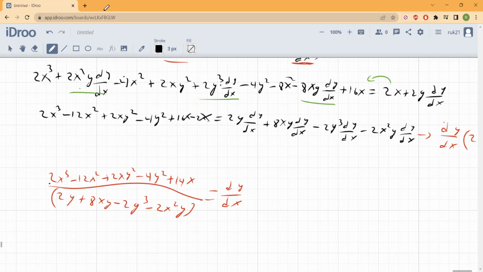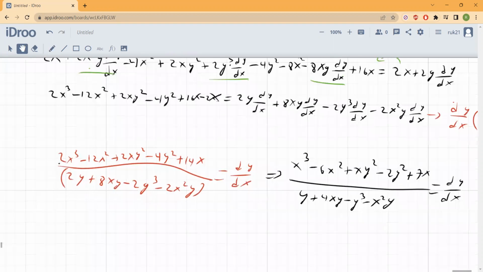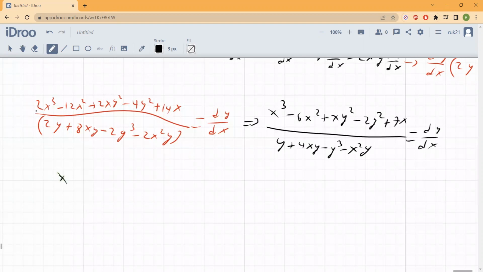So this is going to become x cubed minus 6x squared plus xy squared minus 2y squared plus 7x over y plus 4xy minus 2y cubed minus x squared y, okay? Equals dy dx.